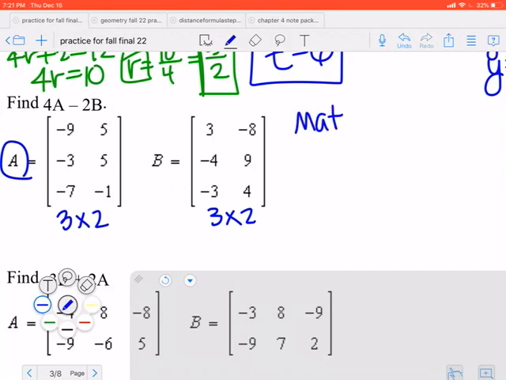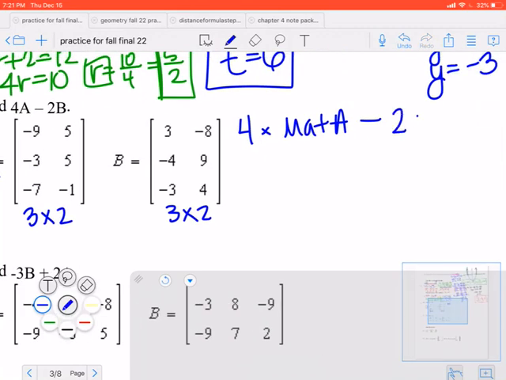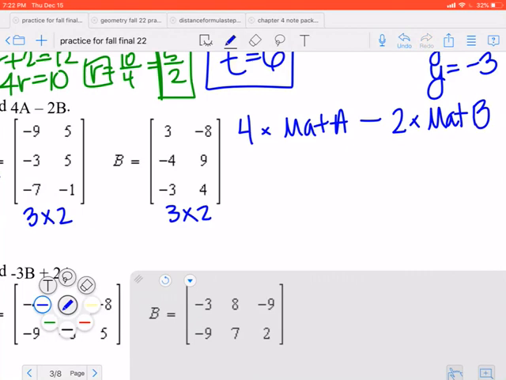I forgot the 4 in front. We're trying to do this. So I'd go back to the run menu. 4 times mat A minus 2 times mat B. And we'll review that in class too, so I can remind you how to do that.